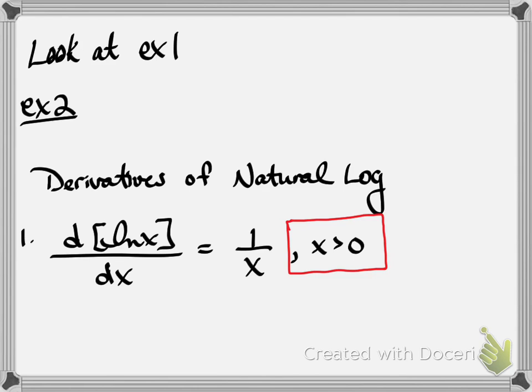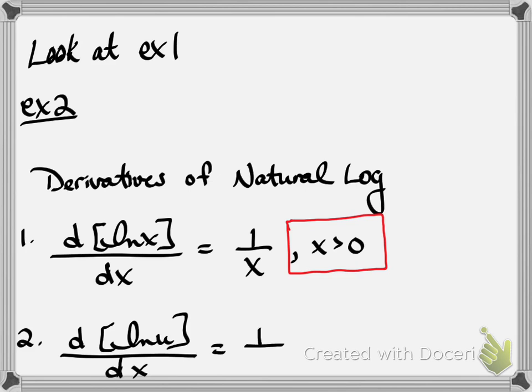So there we go. And I'd say this one is more handy. The derivative of the natural log of u with respect to x is 1 over u times u prime. So 1 over u times the derivative of u. And again, u must be greater than 0.